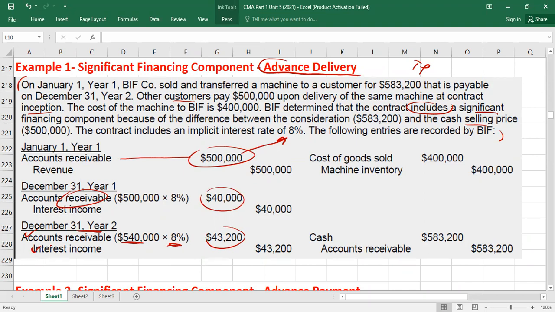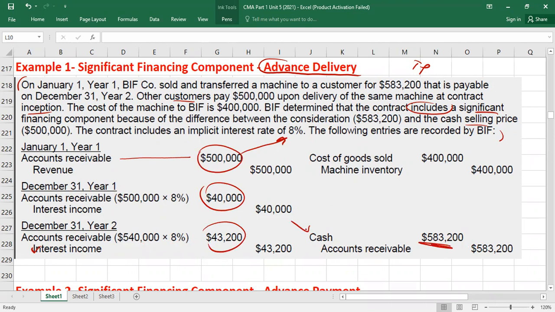Now at the end of the second year, once the customer pays the money, what will you do? You will debit the cash. Now, total receivables are 500,000 plus 40,000 plus 43,200. It becomes equal to the transaction price. Right?